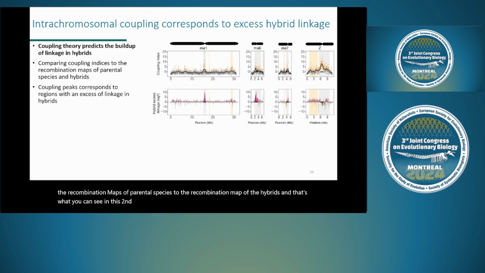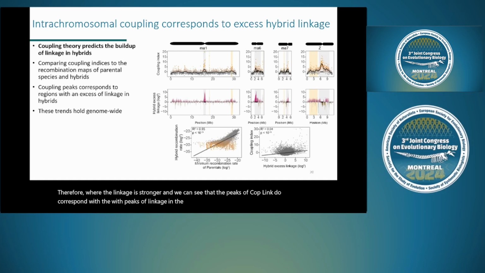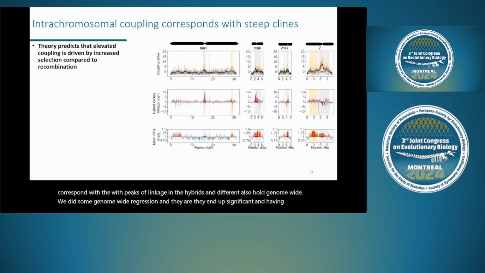So the high pink peaks show regions of the genome where recombination is reduced in hybrids, and therefore where the linkage is stronger. And we can see that the peaks of coupling do correspond with peaks of linkage in the hybrids. And these trends also hold genome-wide. We did some genome-wide regression, and they end up significant and having some effect.